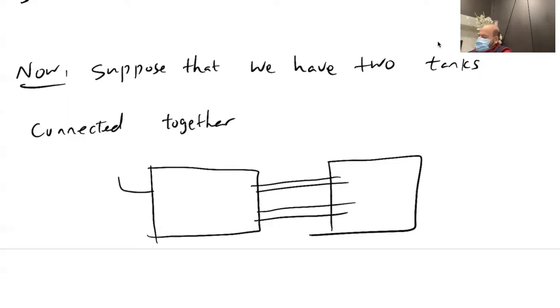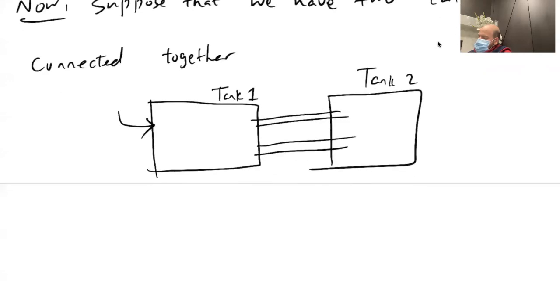And there could be some water coming into the first tank or second tank or both of them. That depends on the problem. But anyway, we have two tanks. And we are interested in finding the amount of salt in each tank after time t.